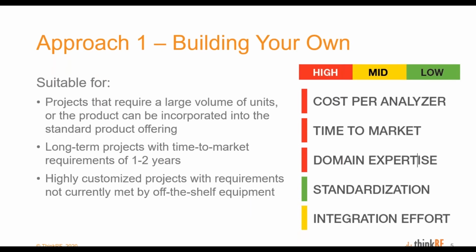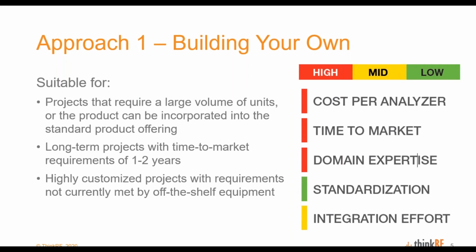So just to set the scene, we've made an assumption that each solution is going to require essentially 25 units of receivers, and we've tried to standardize that across the three approaches so we can do an apples to apples type comparison. What we're looking at with the first approach is essentially building your own.